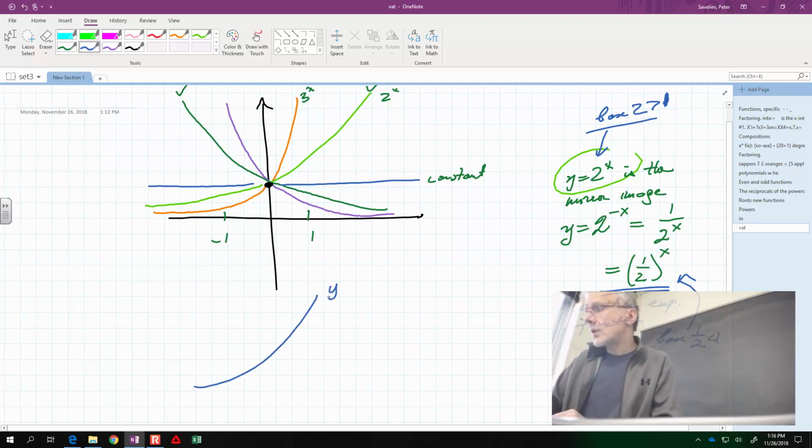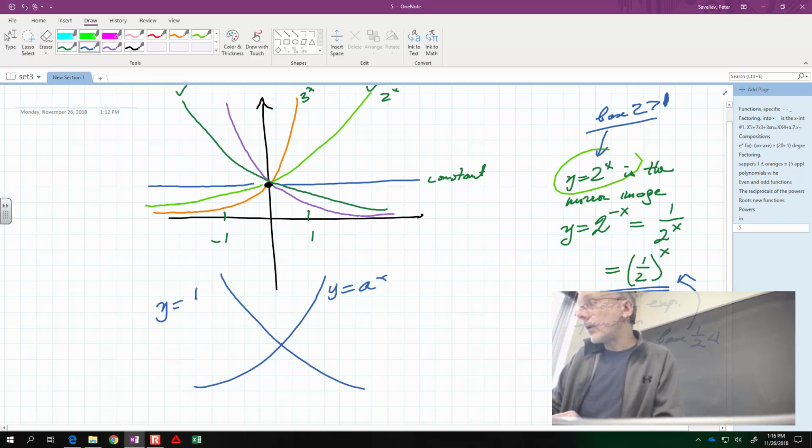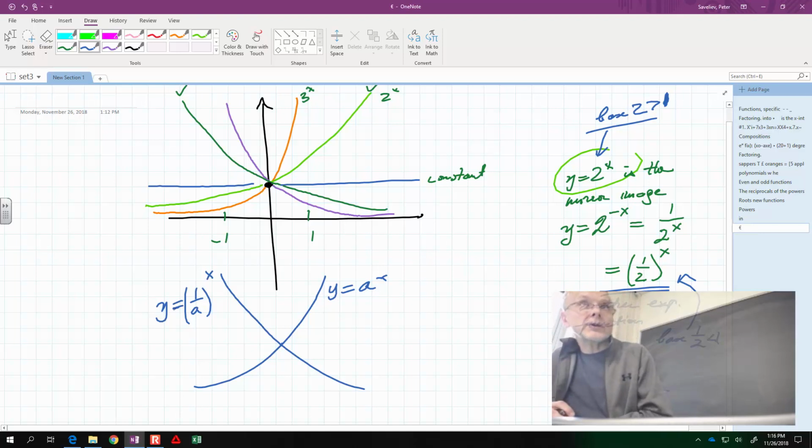If this is y equals a to the x, then symmetrically it will be y equals 1 over a to the x. We literally flip the base: the base was a, and we took its reciprocal 1 over a, and it's a new exponential function.